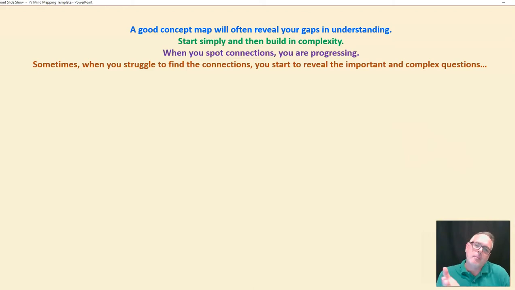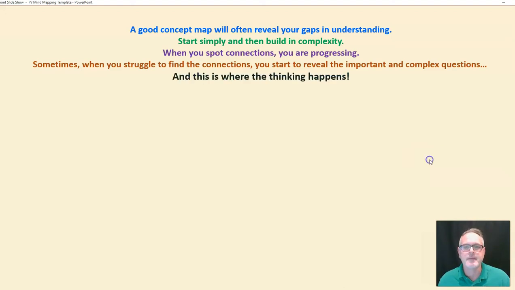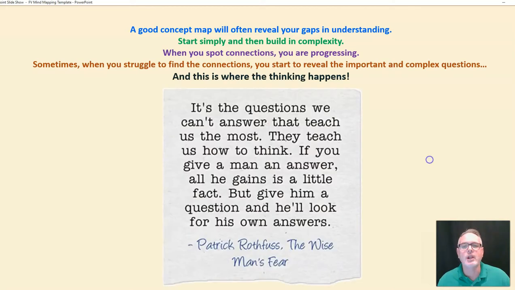Bear in mind that being a little bit unsuccessful is a good thing. Sometimes it's that struggle to find the connections that reveals the important complexity of thinking. That's where your thinking happens, in the questioning, in the challenging. And so we'll leave you with that quote again. It's often in the questions that you can't answer that you're learning the most.